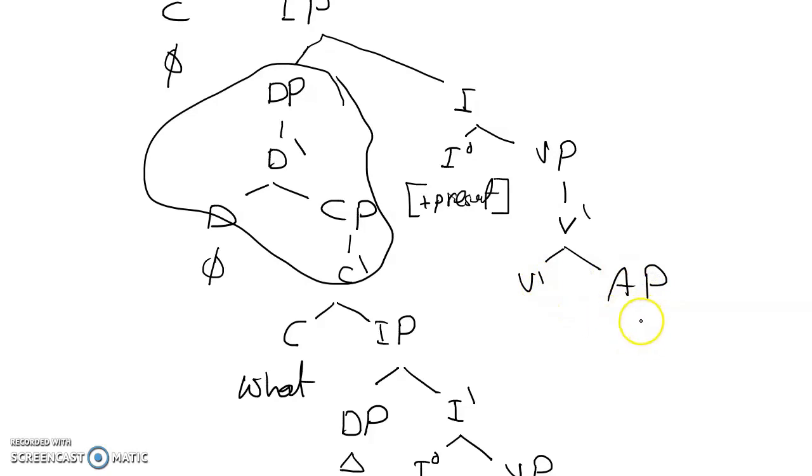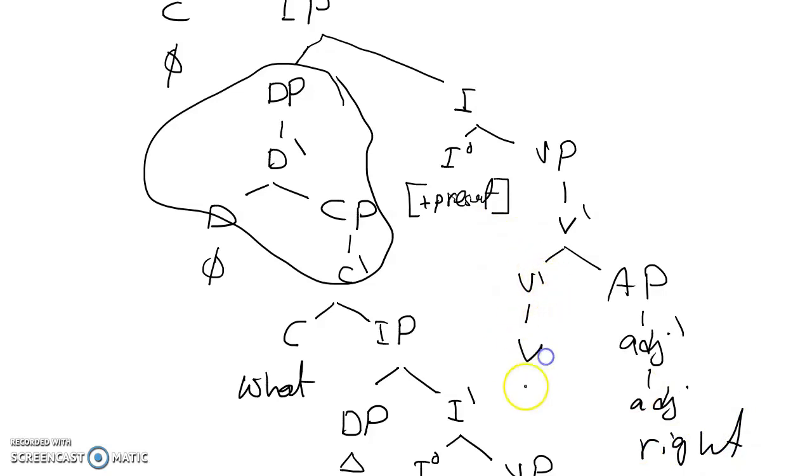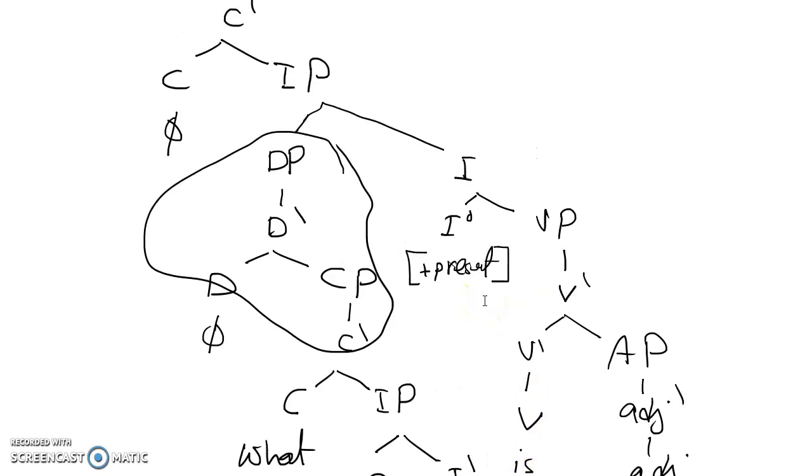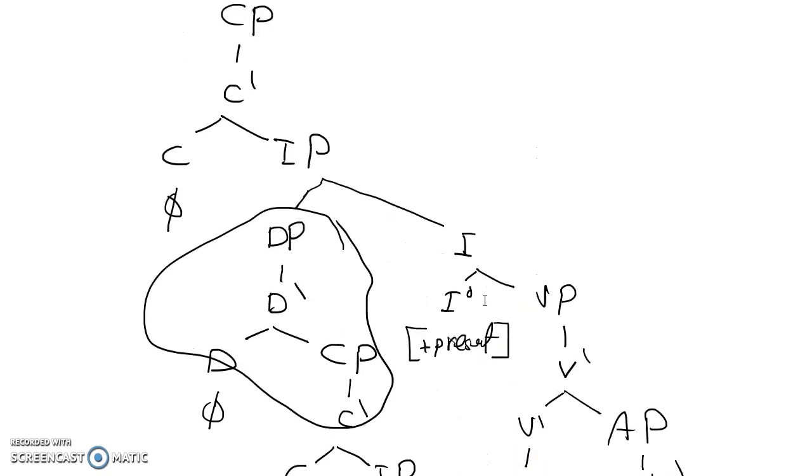The adjective phrase is the word right. So I have adjective bar, adjective, and the word right. And of course, the V bar consists of a V and it is with is. So this is the whole sentence that I have got. Okay.